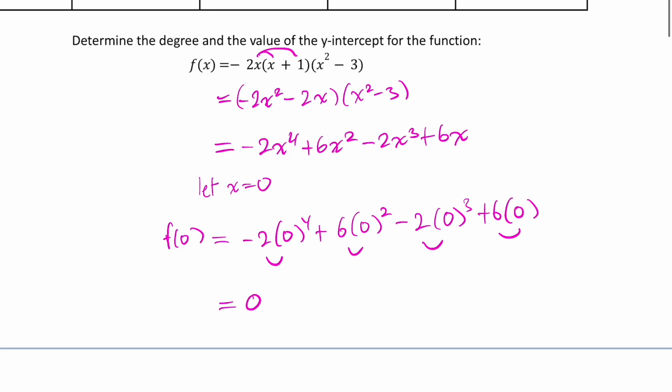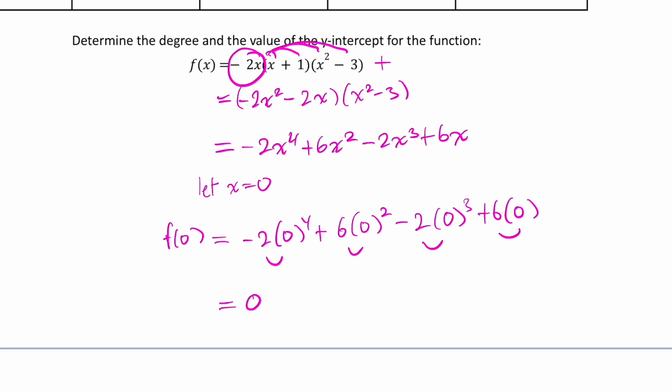Another way, the shortcut method of doing this, is you just look at it here, and you know that this negative 2x is going to multiply by every term eventually, right? Which means there's not going to be any constant term at the end.